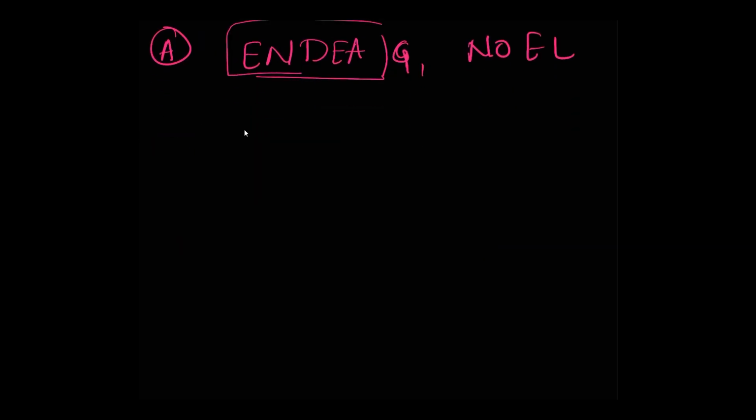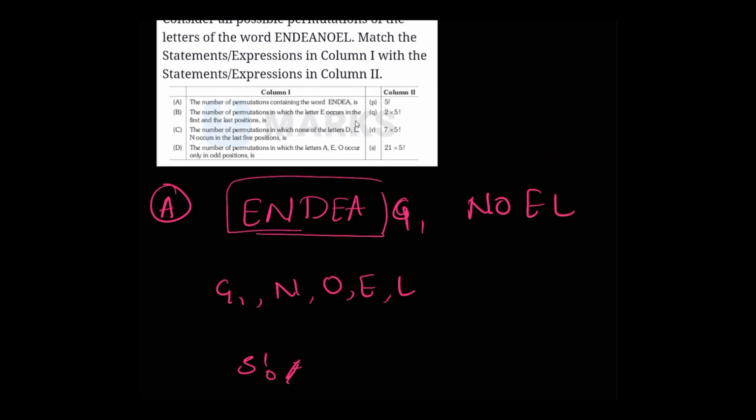Therefore, the number of ways in which we can arrange G1, N, O, E, L will be 5 factorial ways. Therefore, the first one will go to P.